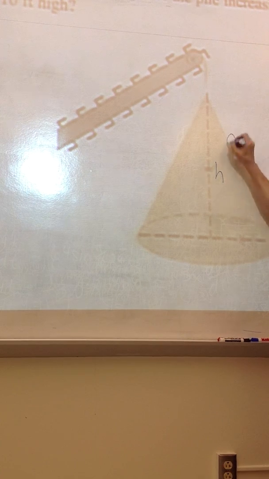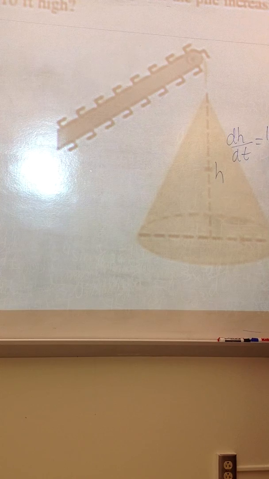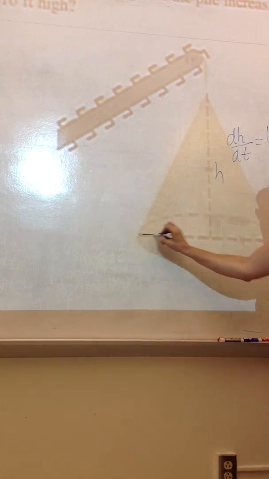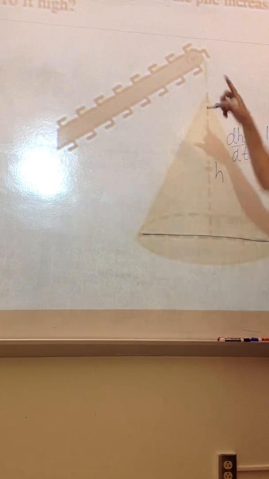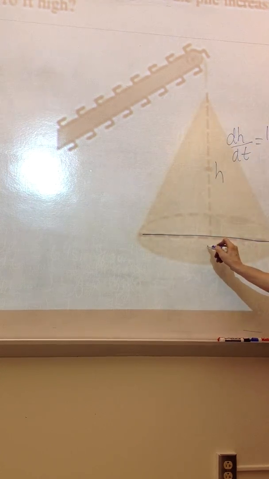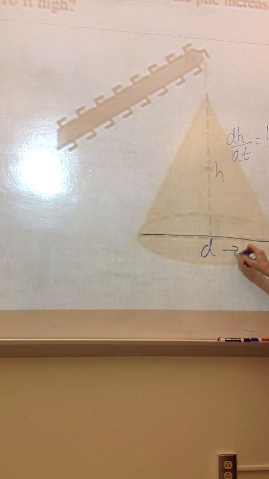I'm being asked to find dH/dt. So if I call the height of the cone h, I'm being asked to find dH/dt. This is what I'm looking for. And I'm given information about the diameter.